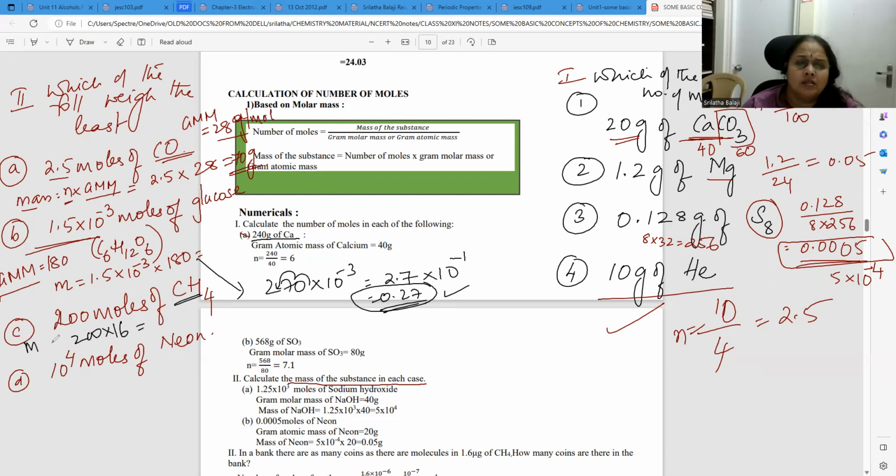What's the mass? 3,200. 3,200 grams. I can call it 3.2 kg, no? See, why I'm giving you different versions is, suppose in the MCQ somewhere they give this, you should be in a position to convert it. 10 power 4 moles of neon. So what is the atomic mass of neon?